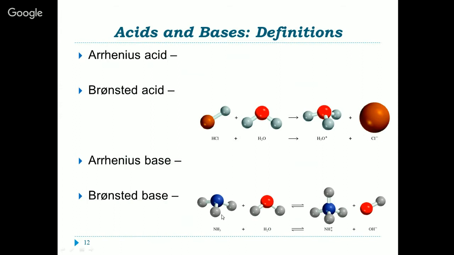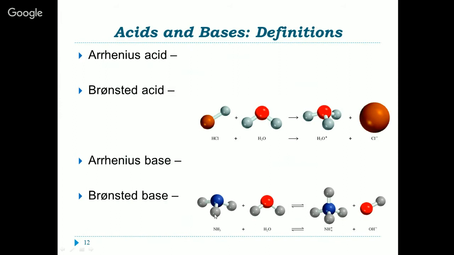If I look down here at this equation, first thing I'm going to note is that I have these back and forth arrows, which means a small dissociation, not a complete dissociation. When I have an arrow only pointing in one direction, that means that these two things will completely react to form these two things. So here I have ammonia plus water gives me the ammonium ion and a hydroxide ion. So ammonia to ammonium.